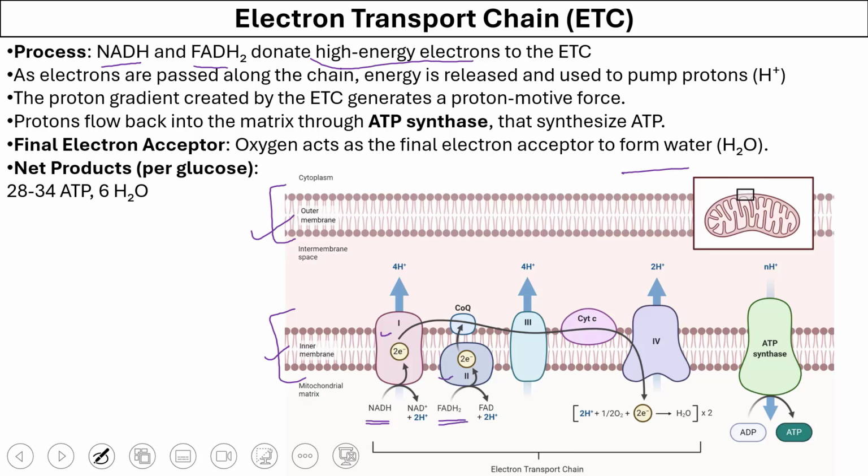At both these reactions, you will see that there is a release of hydrogen ions, and these hydrogen ions will be transported outside. Since NADH is producing more hydrogen ions, it will generate more potential energy at this reaction. Along with this hydrogen ion, there is an electron produced in this reaction.